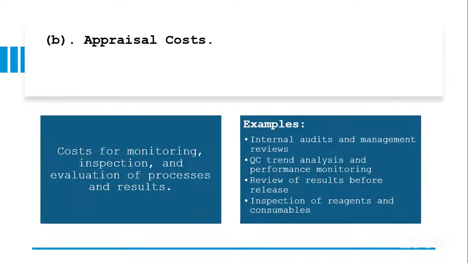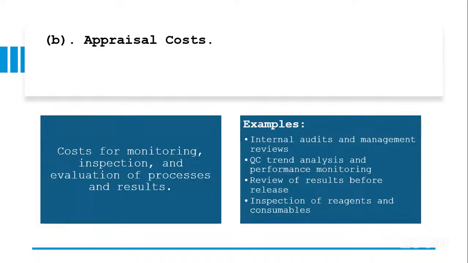Then, when we evaluate our QC performance over time, it comes at a cost. Your staff performance evaluation over time comes at a cost. When you review results before release, probably in your area of operations, there's a step higher that you need to achieve before you review that result and release.